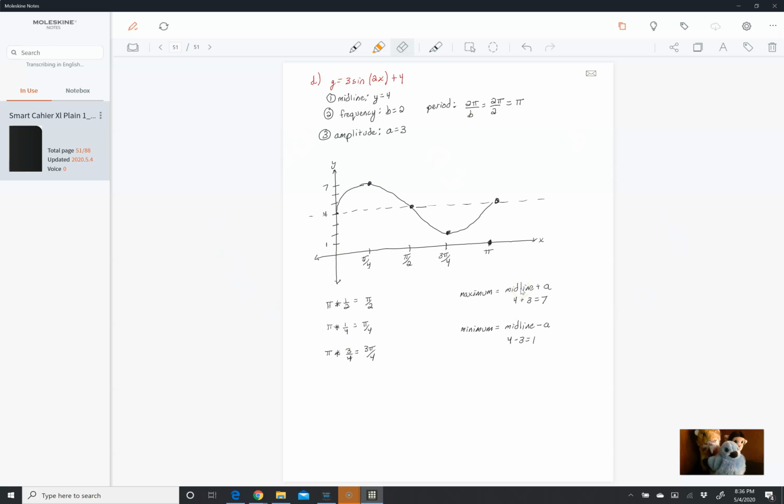Now I'm going to tell you, this is not on your review sheet. I don't think it's on your review sheet, so if it's not on your review sheet, I will not test you on it for this quiz. It absolutely will be on your final. Everything in terms of the transformation of waves, the frequency, the amplitude, the midline, the period, all of those things you should be able to identify.